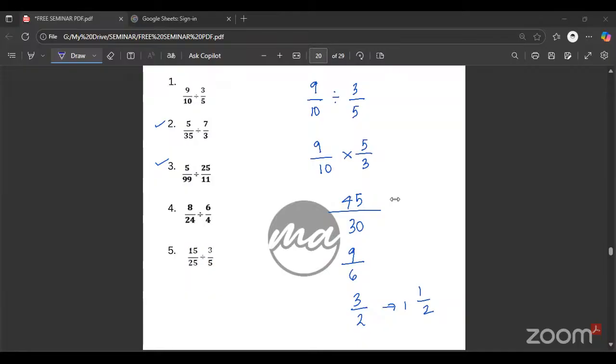Miss, should we simplify the answer? Yes, you have to. Done, miss.